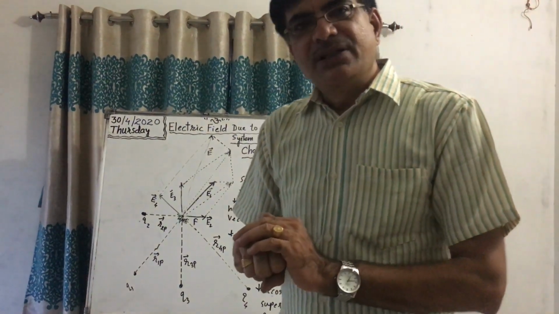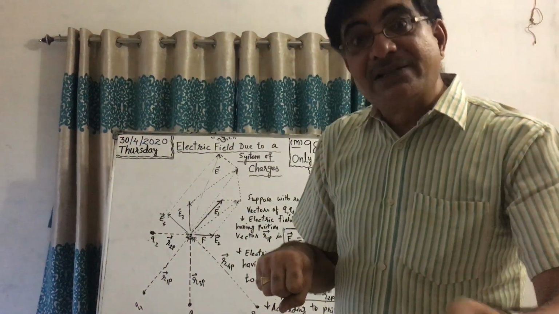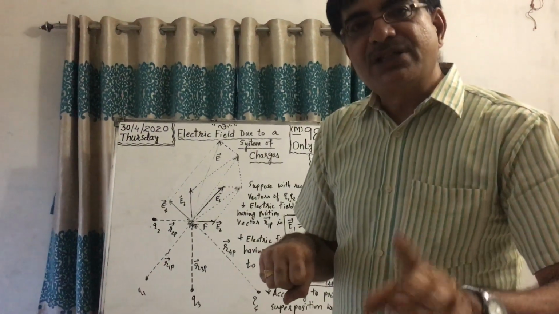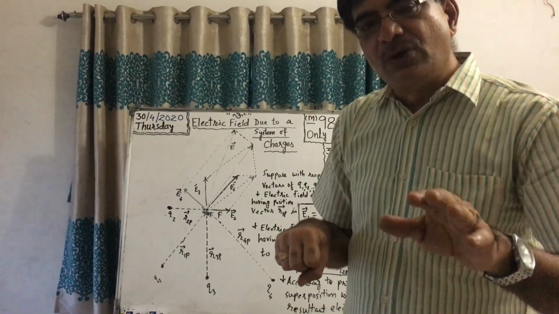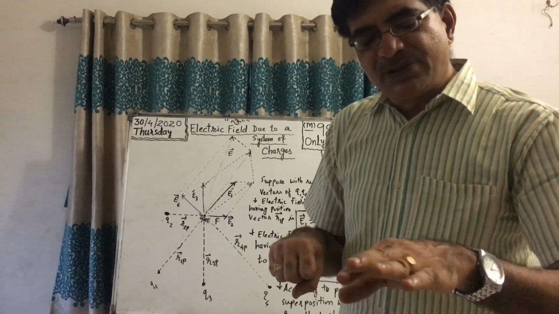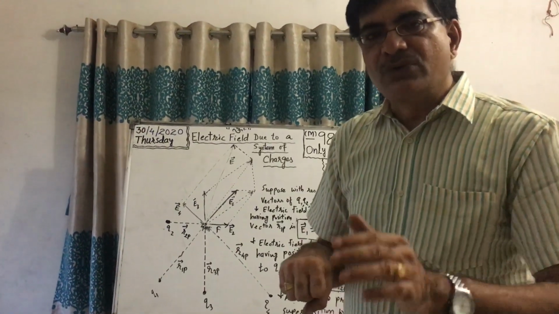This charge is called the source charge, and the charge we put here to measure intensity is called the test charge. The test charge should be as small as possible so that there is no effect on the source charge, the field of the source charge.